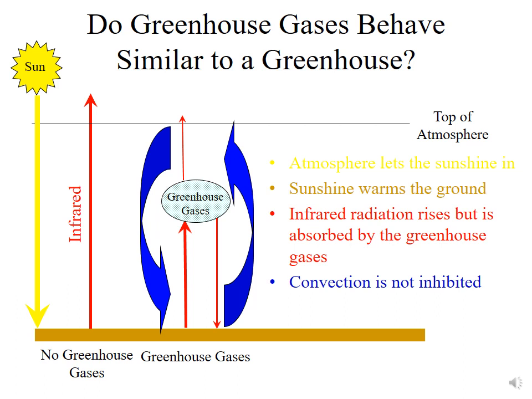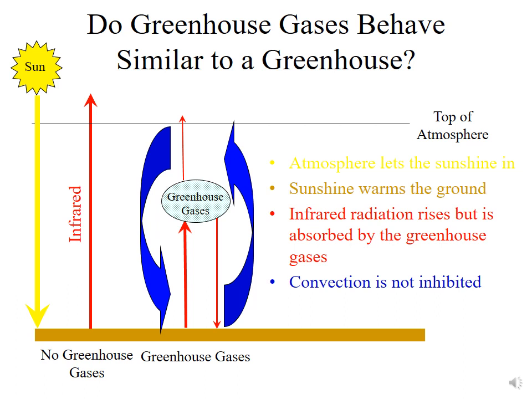Well, if we have greenhouse gases in the atmosphere, then not all of that stream of outgoing infrared radiation is going to make it to space, because a lot of that energy is going to be absorbed in the atmosphere, and only a smaller fraction, denoted here by the thinner, smaller arrow, is going to be going to space. But of course, these greenhouse gases, having absorbed the radiation, are going to warm up the atmosphere, and that atmosphere is going to then be emitting some of that radiation back down to the surface.